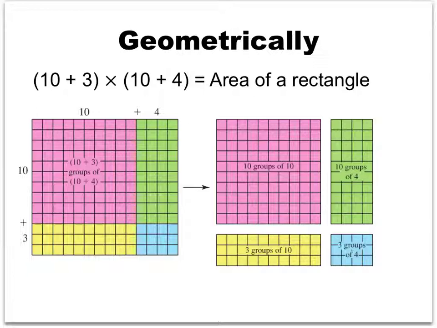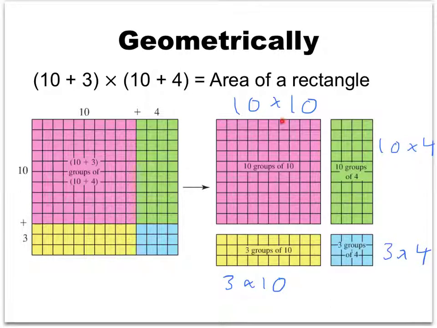So in this first rectangle, this has 10 rows and 10 columns, so this area is 10 by 10. The second rectangle has 10 rows and 4 columns, and so its area is 10 times 4. And then this rectangle here is 3 by 10, and then this last one here is going to be 3 times 4.